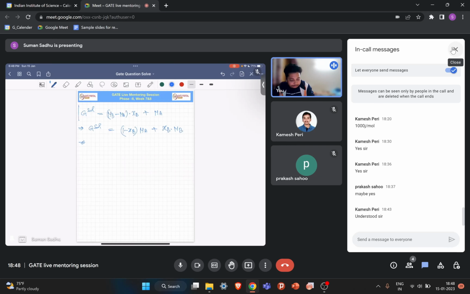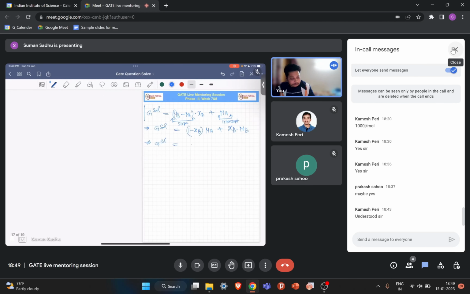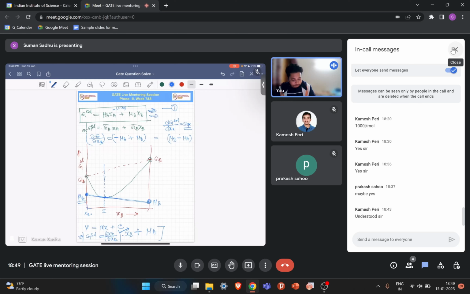That means this line you can write in terms of this slope and this intercept. We are just writing this equation in a linear form.